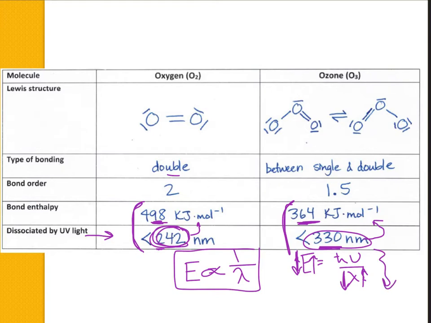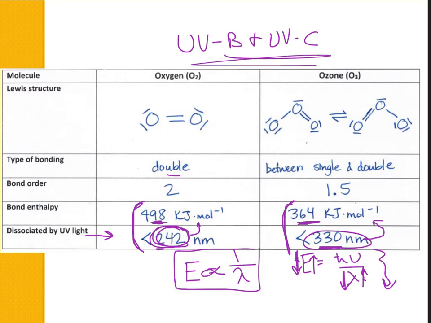This range right here is right where your UVB and UVC light rays, the dangerous ones, kind of lie. So we want to try to block that from reaching the Earth, which is a perfect job for the ozone layer, because the breaking of their bonds is going to require these dangerous wavelengths of light. So that's the big connection there. We are using up the wavelengths of light that are dangerous because there are reactions happening that break these bonds.